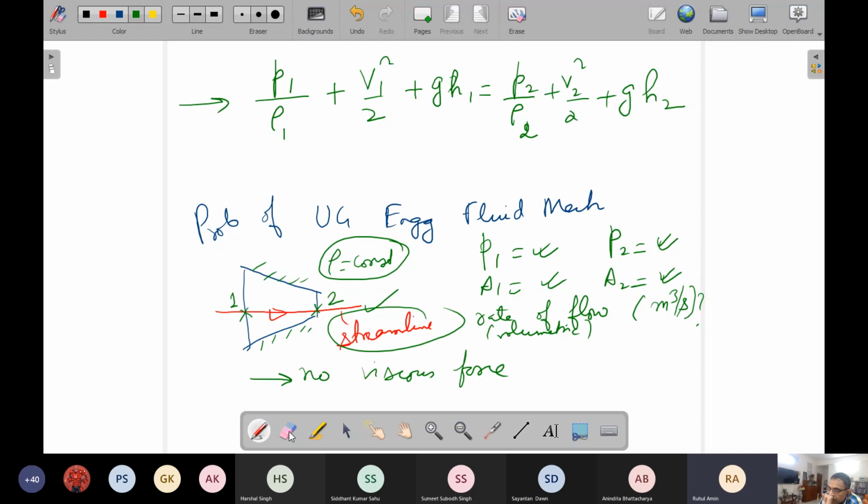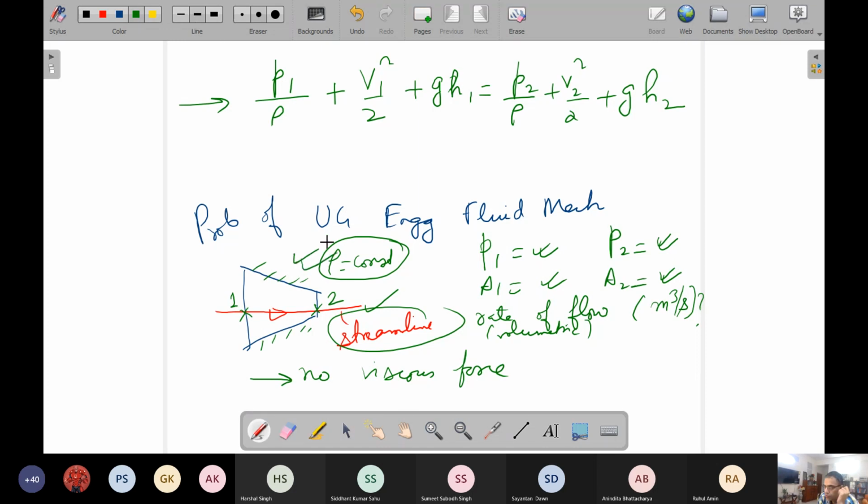Let us be a bit more careful. I will not want to bring in compressibility or incompressibility here, but what we can simply say is that we can apply it for rho equal to constant, no doubt about it. Why I am telling this is because the problem statement itself says rho equal to constant, right?